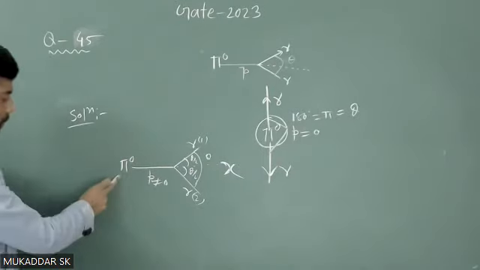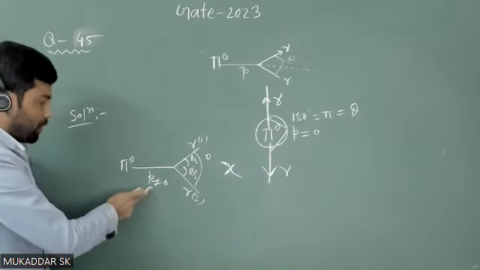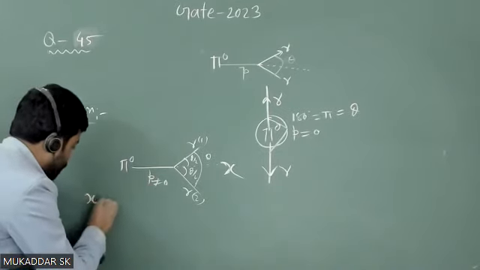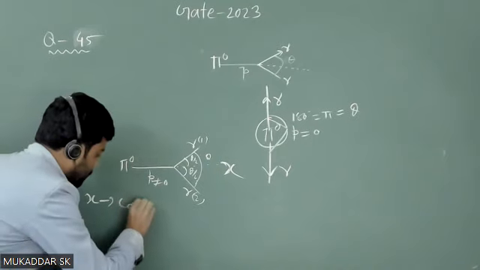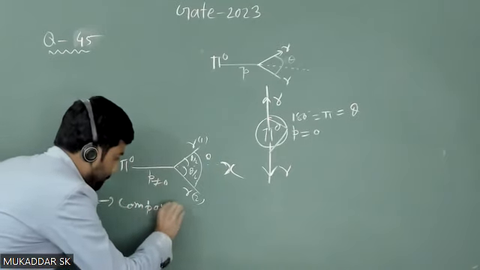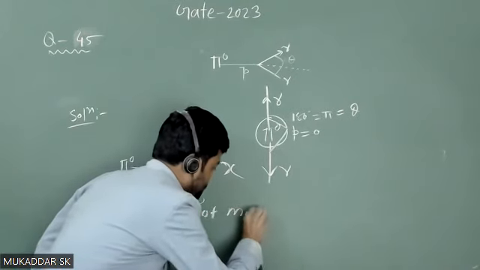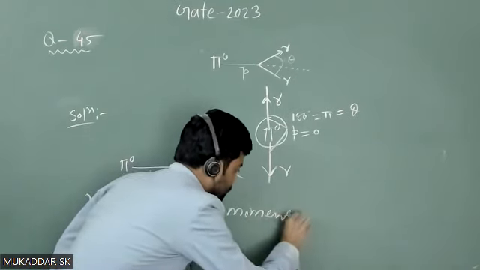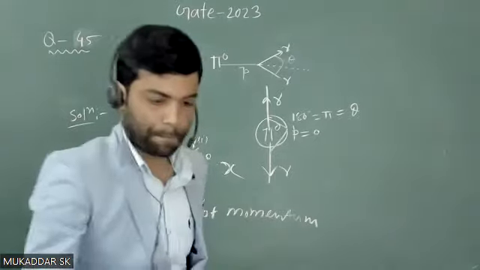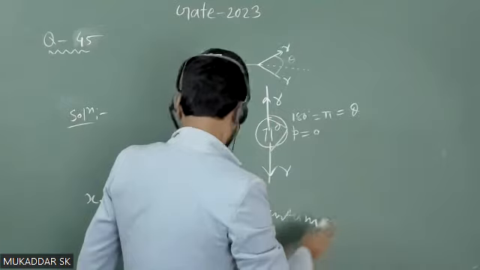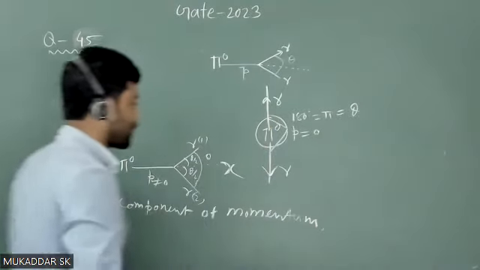The incident pi zero has momentum p. So in order to preserve the x component of momentum, the x component of momentum should be conserved.